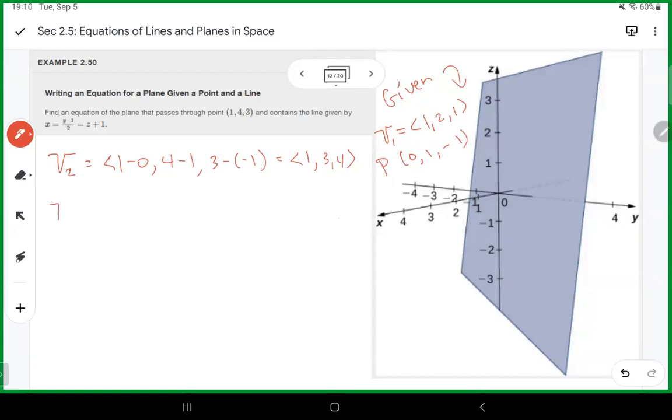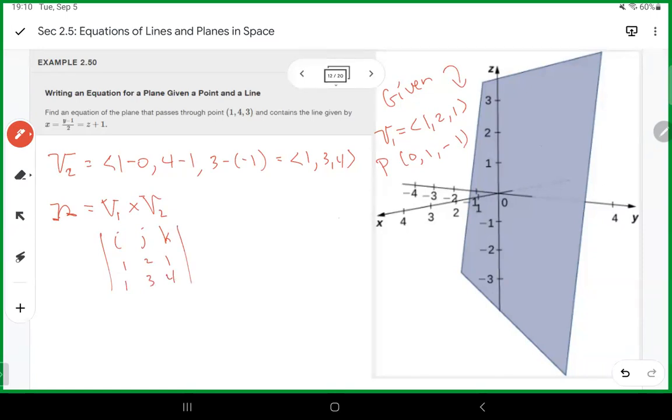So, goodness. V1 cross V2. We're going to have i, j, k, 1, 2, 1, 1, 3, 4.